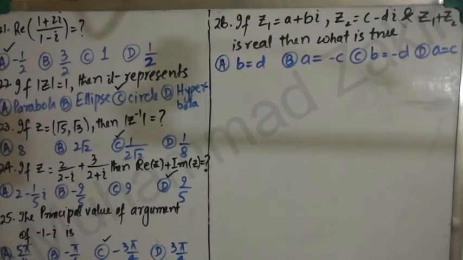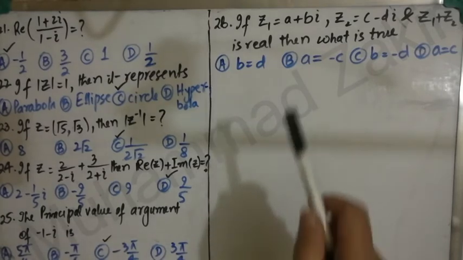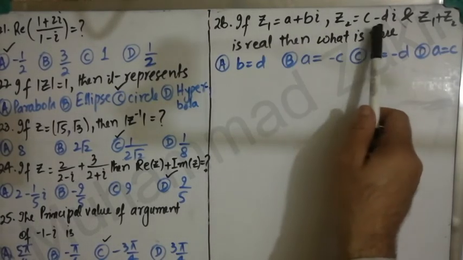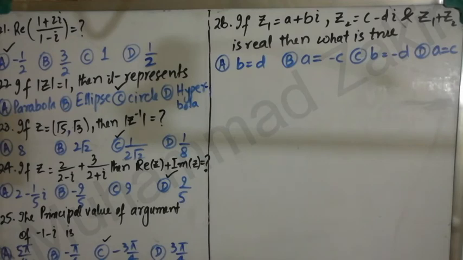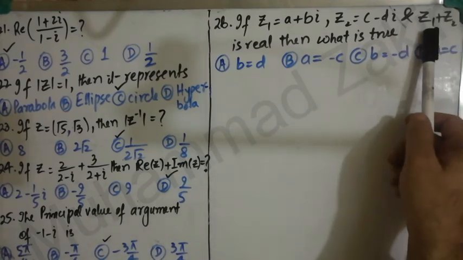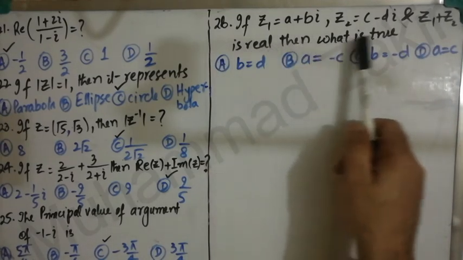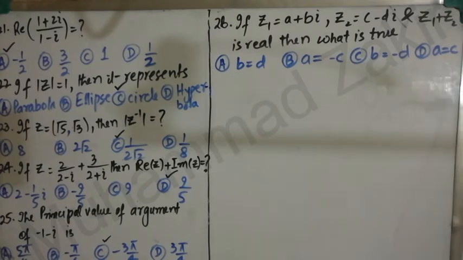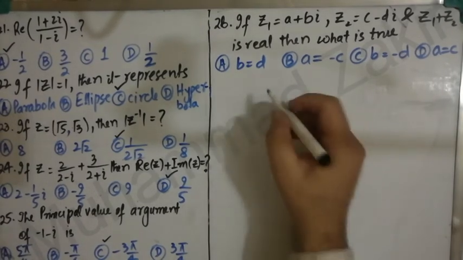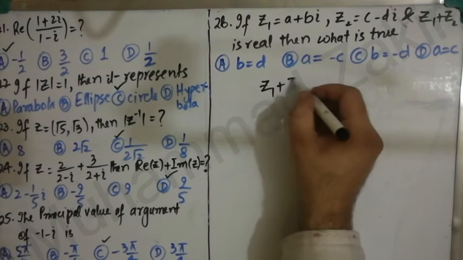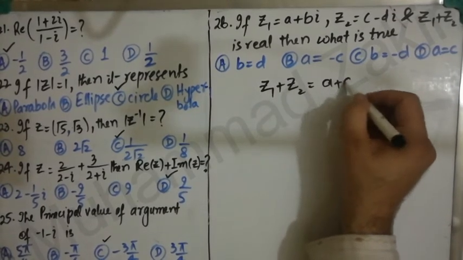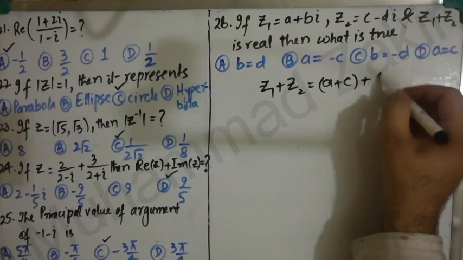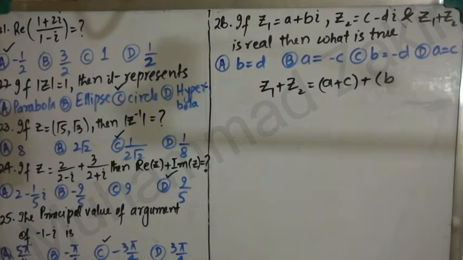If we look at the next question, z1 is a plus b iota, z2 is c minus d iota. Then the sum of these two complex numbers is real. Which one of these options is true? We can find that sum. z1 plus z2 is a plus c plus b plus d iota.